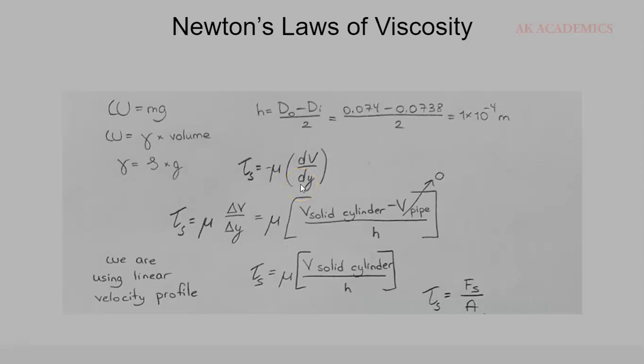When we have resistance to the flow, it simply means that we are talking about limit. Limit simply means as delta tends to 0 or as delta tends to a particular value. So because there is resistance, we're going to have the delta tending to a particular value. When that happens and we replace this dv with delta, then we have delta v over delta y, delta v representing change in velocity, delta y representing our height.